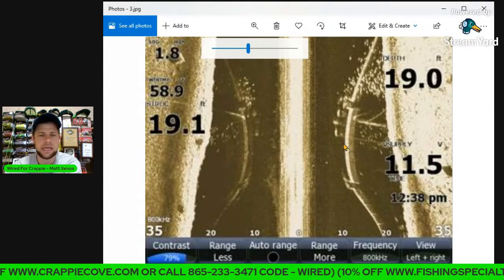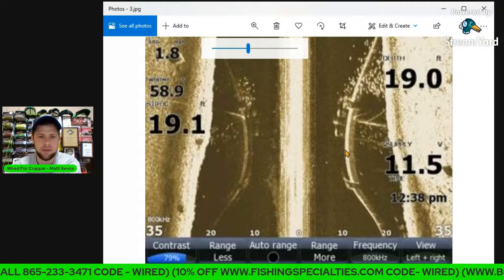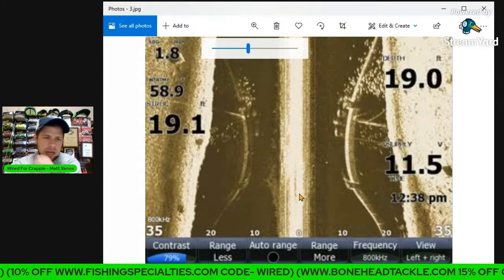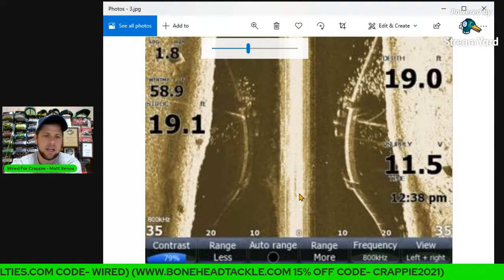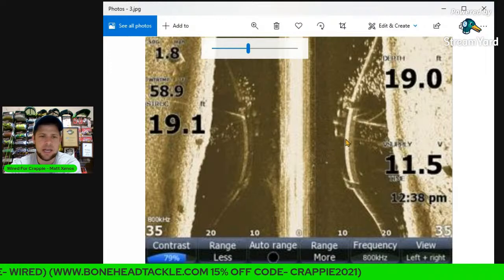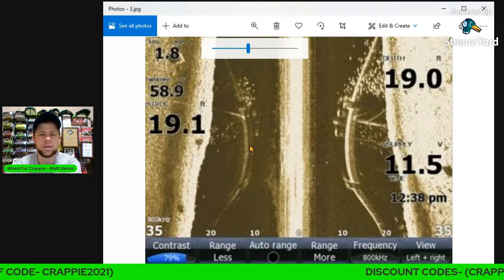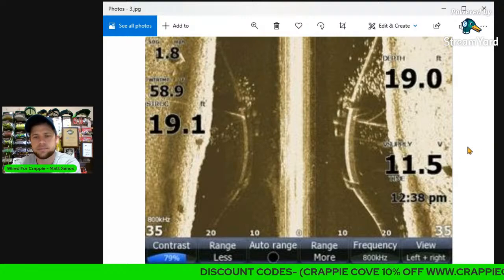If you look at your screen and there's no difference in brightness between this side and this side, then you went directly over top of that structure. If there's a difference like this, then yeah, you missed it to the right a little bit. But if it's the same brightness, you went directly over it. Okay. That makes sense.